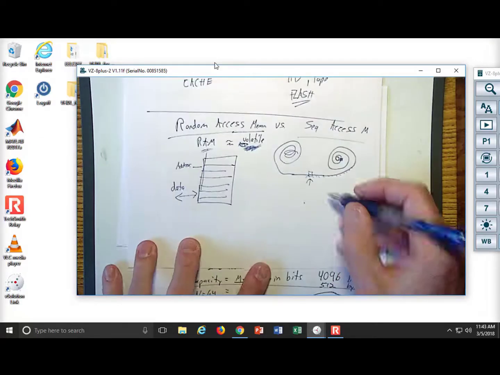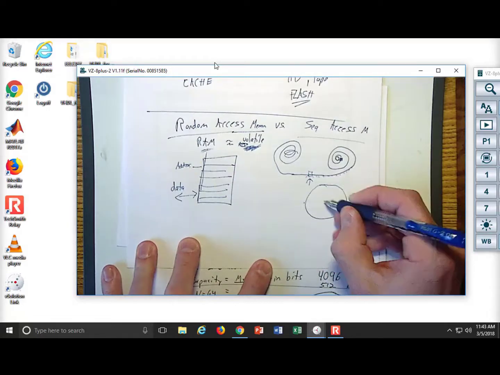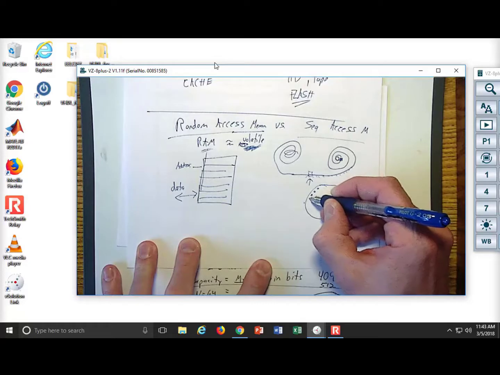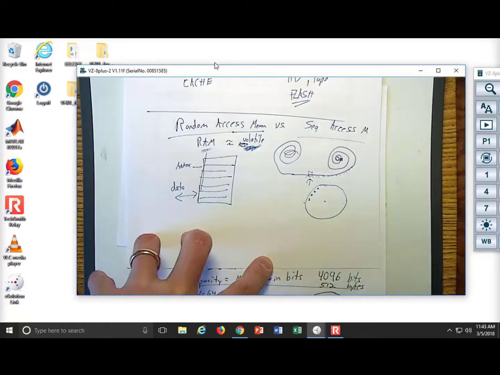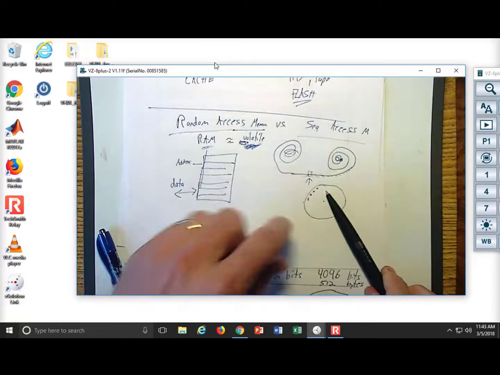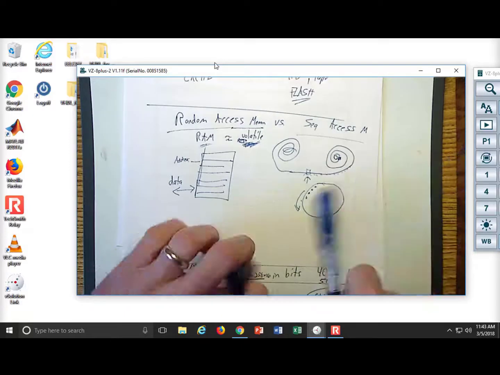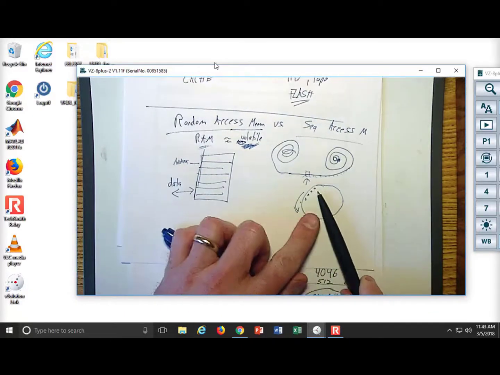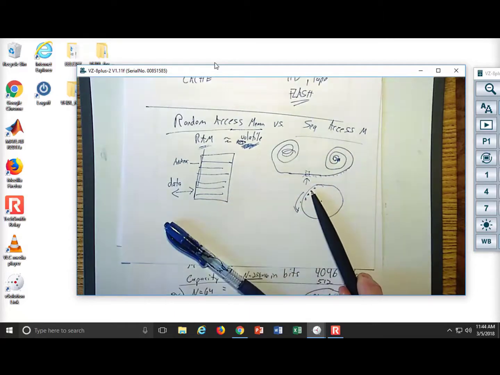You want to know why? Because a hard drive is a disk that stores information as little magnetic permutations, where you change the material properties so that it's storing a 1 or a 0. Then you use this little head and you spin the thing around. So it's spinning, and you're reading it, and these bits are coming one at a time.